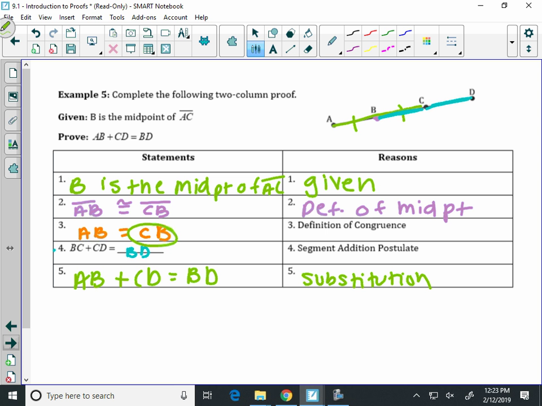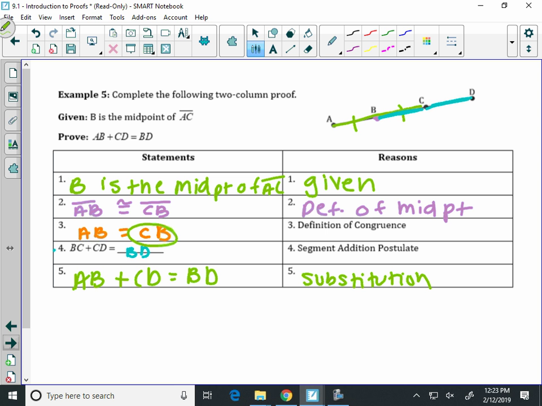They're the same thing, just different order. So in step 3, we said that these two things were the same. So what we did was we took AB and replaced it where BC was. We're allowed to do that using substitution. Because we have two things that are the same, you can take one of them and substitute it in or replace the other. So whenever you have two lines that are almost identical, but one thing changed, it's substitution. Every time. So just noticing that pattern.